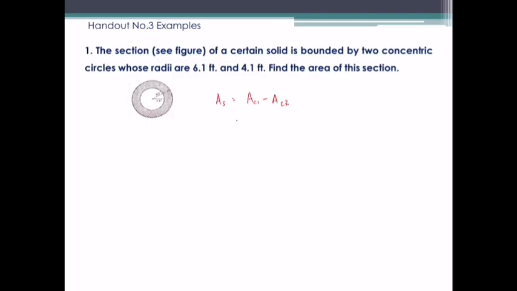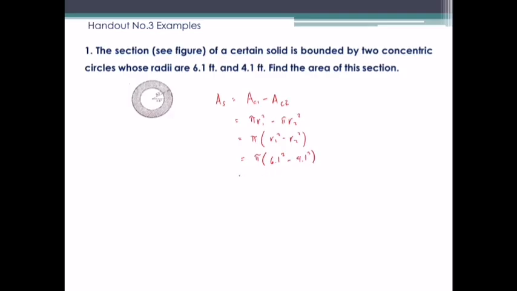The formula for area is pi r squared. So pi r1 squared minus pi r2 squared. Pi is common, so we can factor it out. That is pi times r1 squared minus r2 squared. Substitute the values given: pi times 6.1 squared minus 4.1 squared.